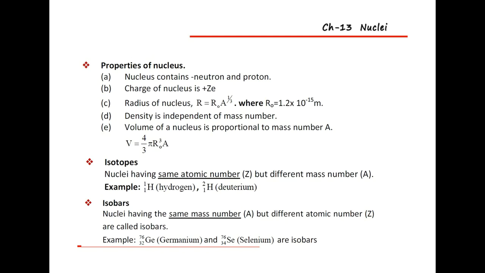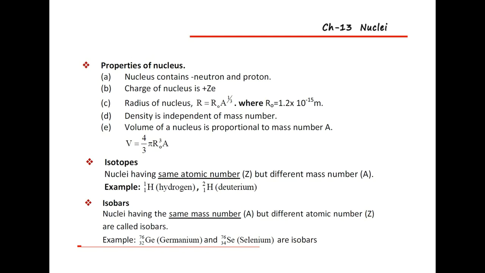When the volume of the nucleus increases, the mass number also increases. When the volume of the nucleus decreases, the mass number also decreases. So V is directly proportional to A.